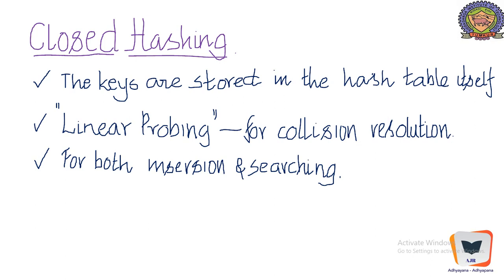This continues until a vacant cell is found, and then the key is inserted. If the end of the hash table is reached, the search wraps around to the beginning of the table, that is, it is treated as a circular array, and wherever a cell is found, the key is inserted.